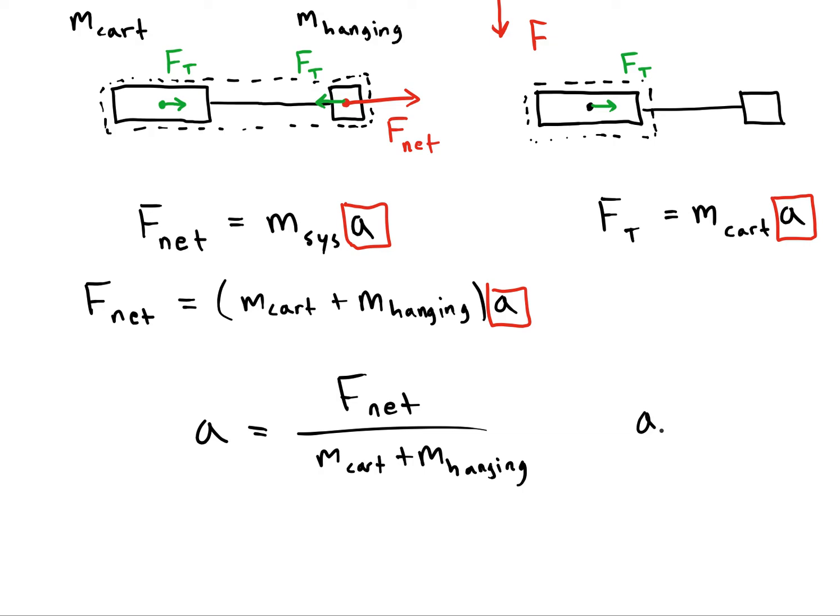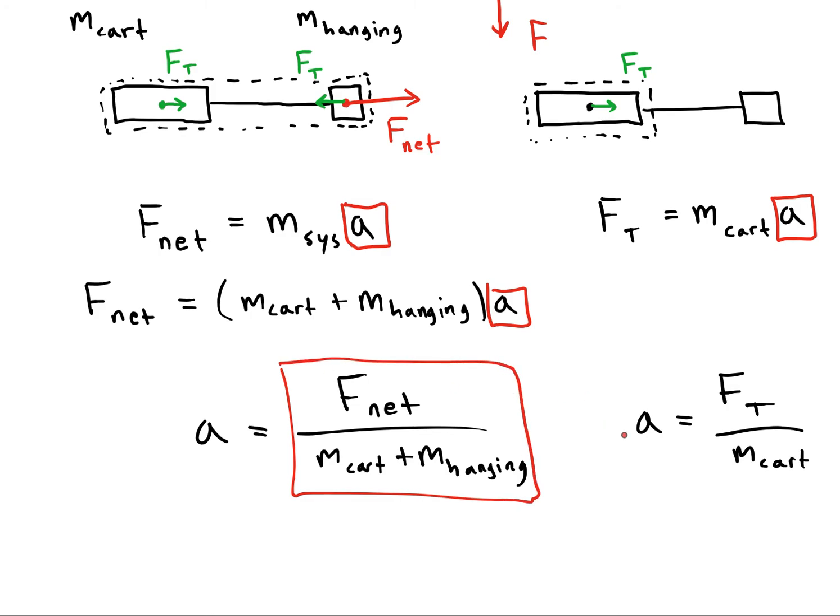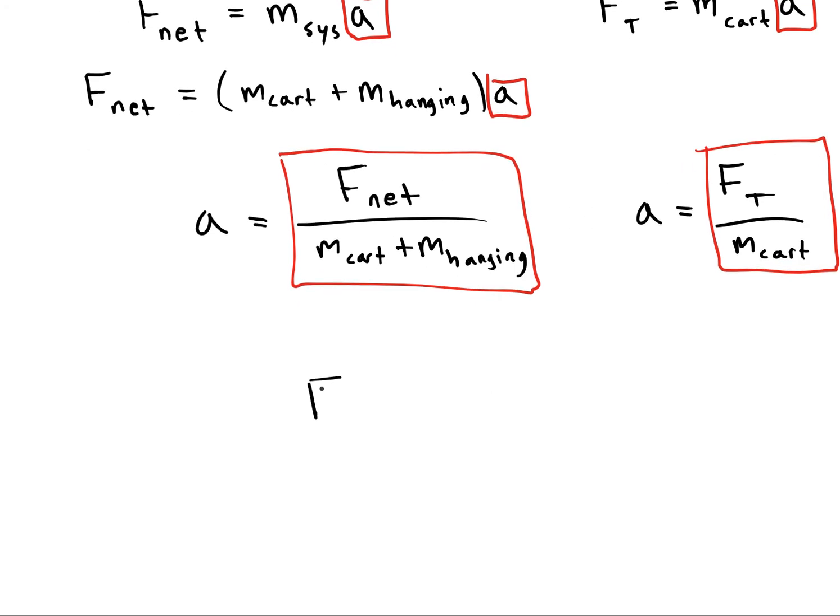And over here you get A equals Ft over the mass of the cart. And so what ends up happening is, since A is equal to this in this equation and A is equal to that in the other equation, then those expressions must be equal to each other. So you combine them through algebra.